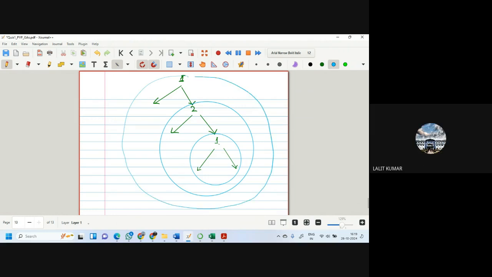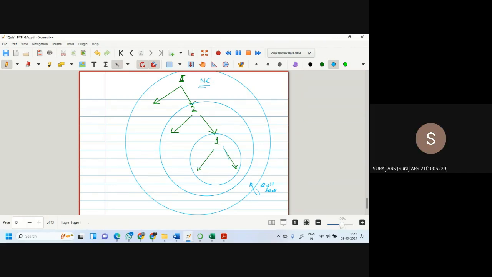In this kind of game, you can either apply rollback or do the sub game analysis to find the Nash equilibrium, because here 1, 2 and 1 know all the information about what the player has done. So there are two ways of finding the Nash equilibrium: either by backward induction, or you do the sub game equilibrium, SPNE.